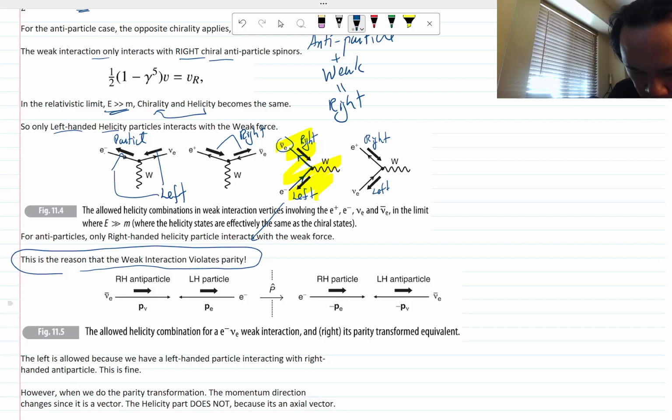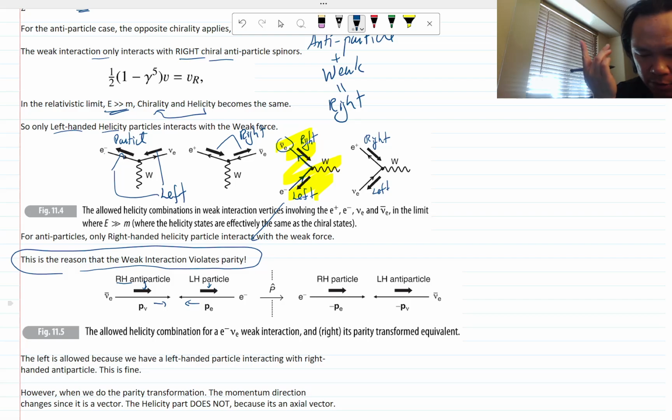Their momenta are going towards each other. That means the antineutrino has to be right-handed, therefore the helicity has to be drawn to the right. The particle has to be left-handed, so its momentum and its helicity have to be drawn in opposite directions. That's why this arrow is also pointed to the right.